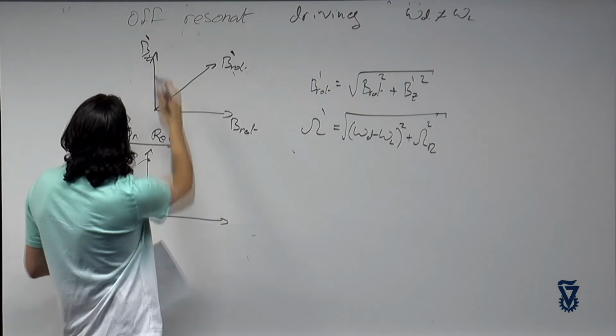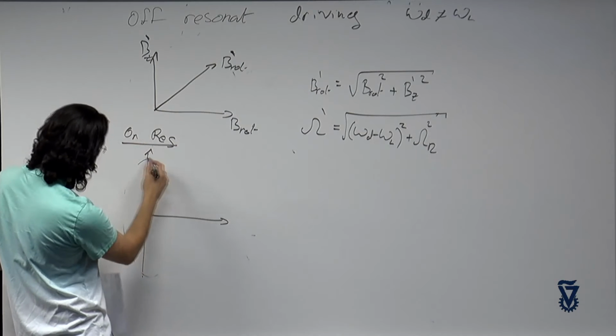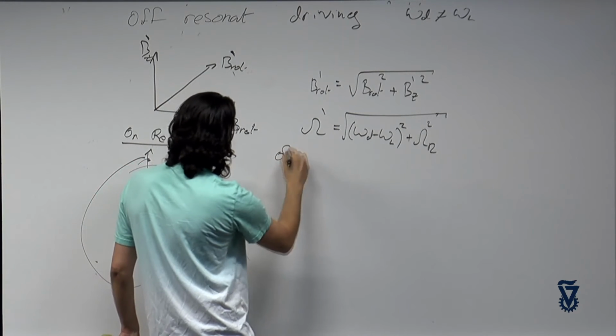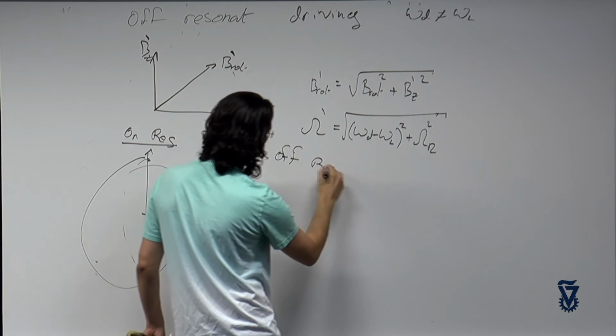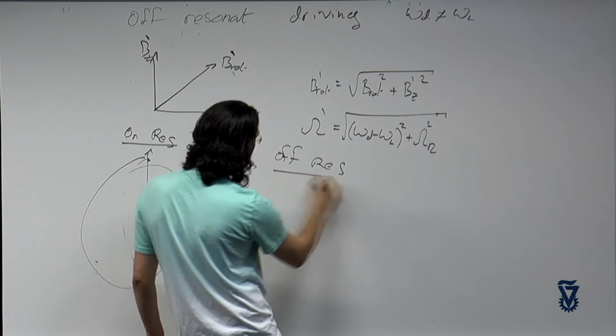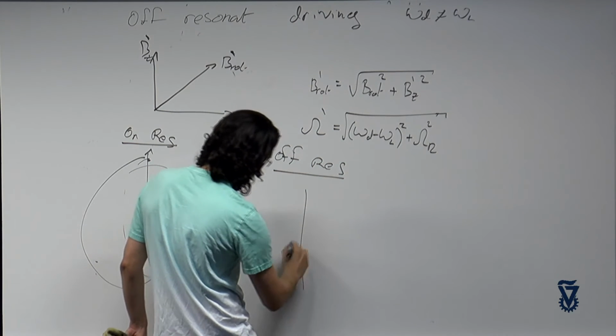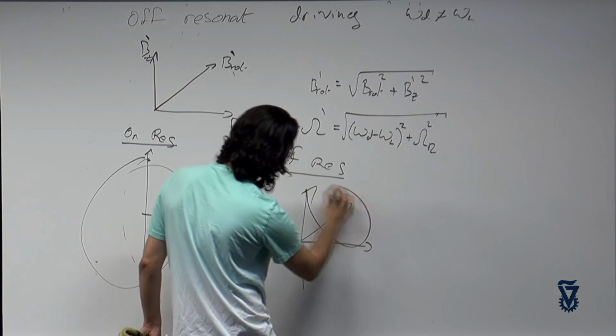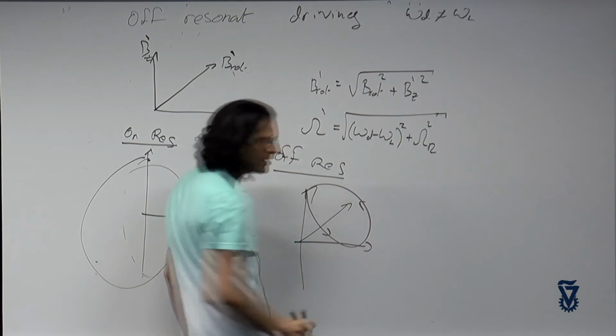On resonance, it's something like this around the x-axis. Off resonant, so slightly off resonant, I'll try to draw this. This is our effective axis, so you're going to have rotations of the magnetization like this.